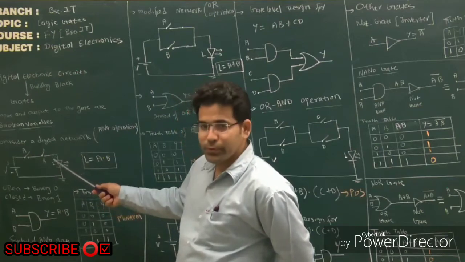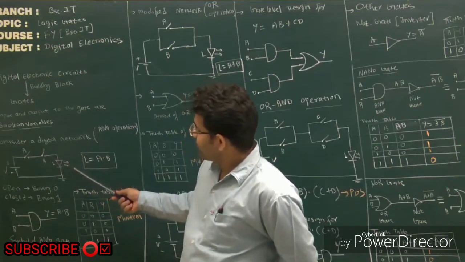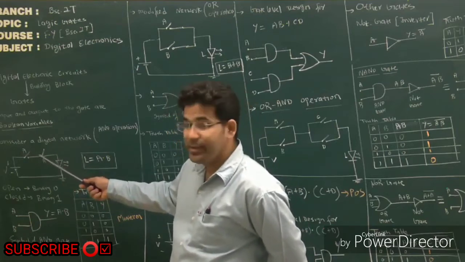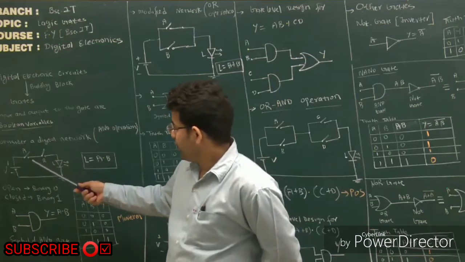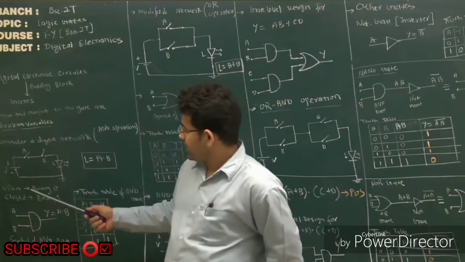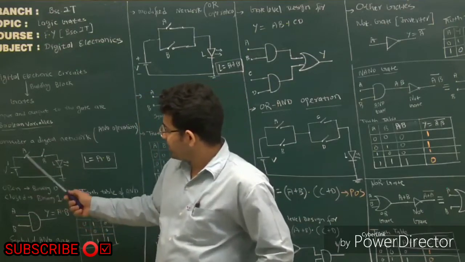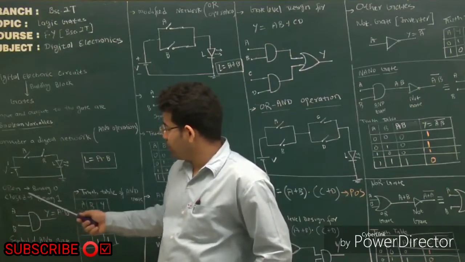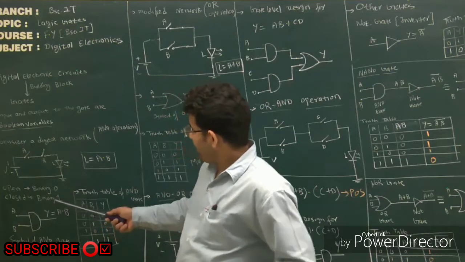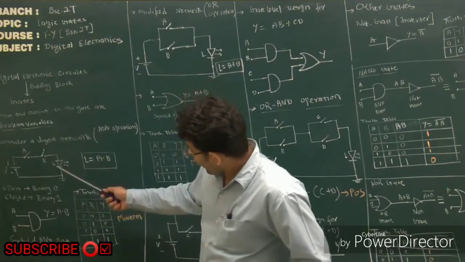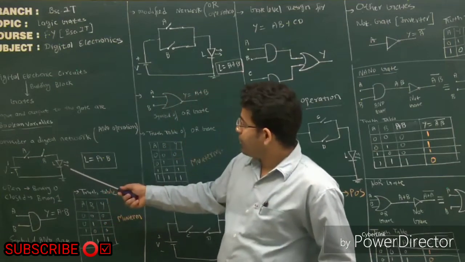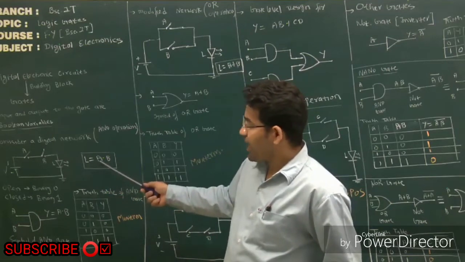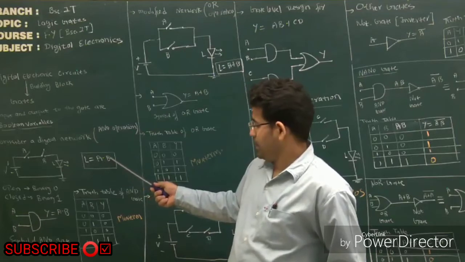Now, in order to have light from the LED, both A and B need to be closed. So, in a binary or digital circuit, if I represent the open position by 0 and the closed position by 1, I can say this L, that is the light from the LED, can be written as A into B.